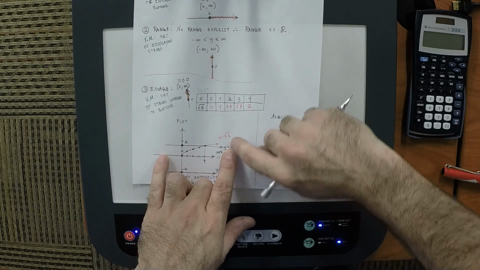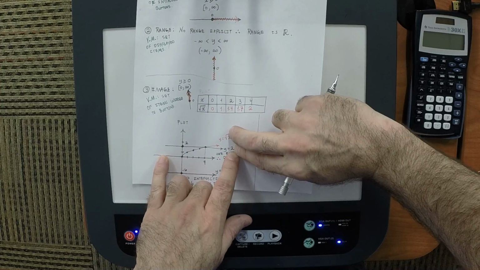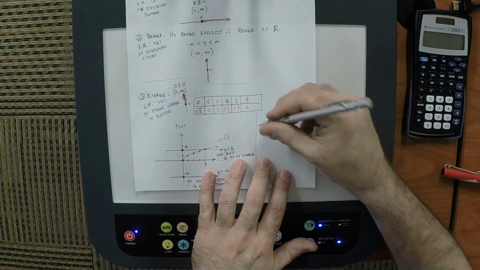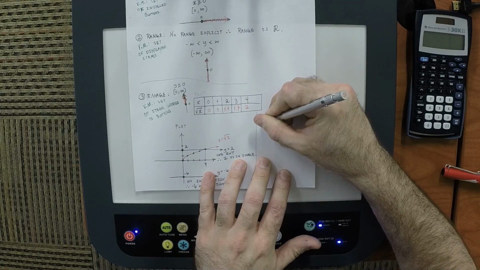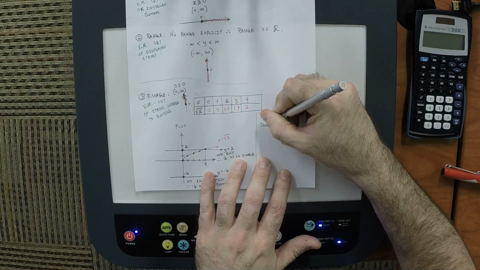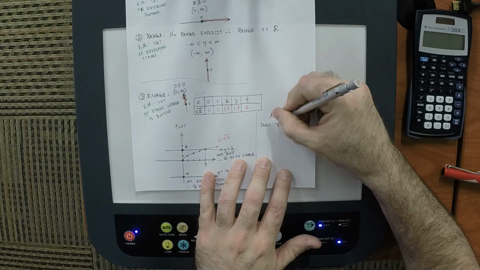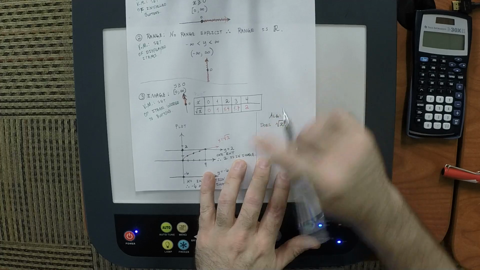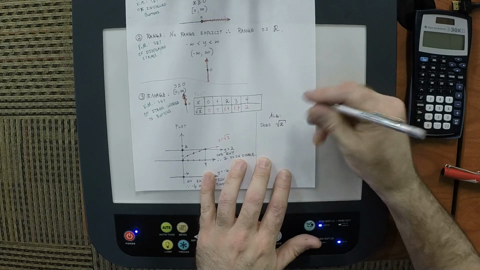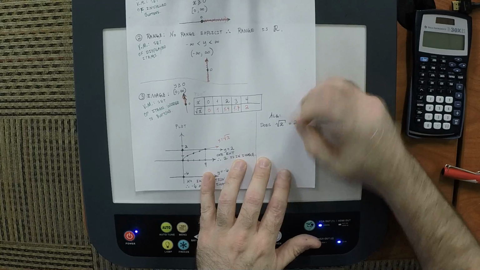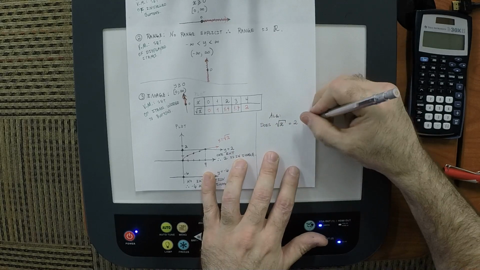So we can turn these two equations into a single equation like this, and ask, does square root of x equal 2 have a solution?